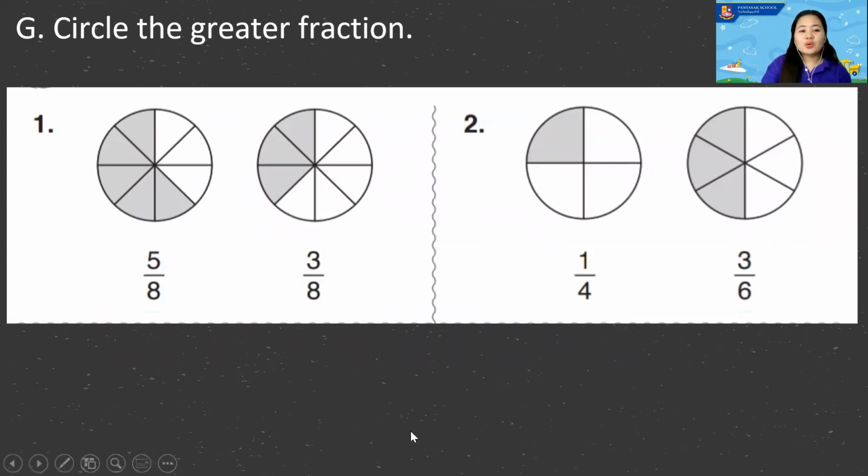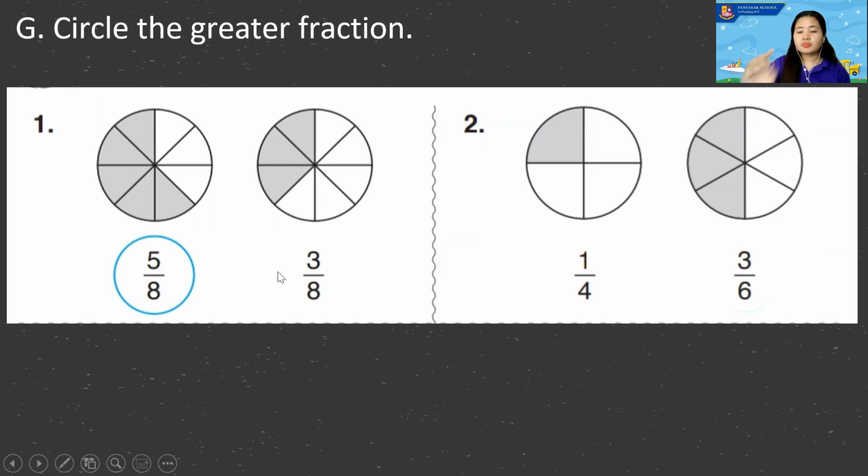So what is that? We have this one. For the biggest, you just have to look at the shaded one. This is shaded and this is shaded. So what do you think is the bigger fraction? That is 5/8. Very nice.